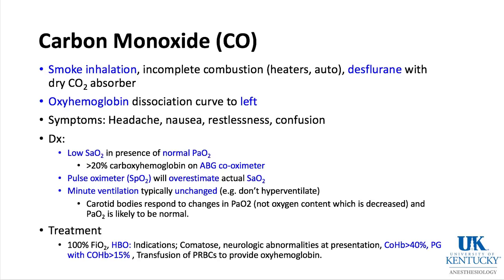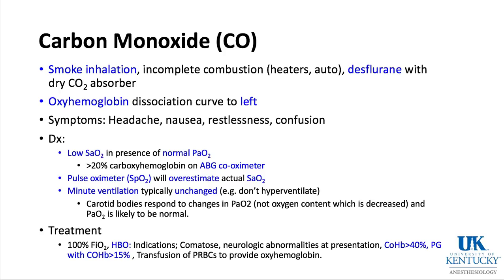How do we treat carbon monoxide poisoning? Give them a lot of oxygen, and hyperbaric oxygen can be used, especially in patients that are comatose, have neurologic abnormalities when they present, possibly if they have myocardial ischemia, if they're pregnant, or if their carboxyhemoglobin levels are very high, like up in the 20 to 40% range.